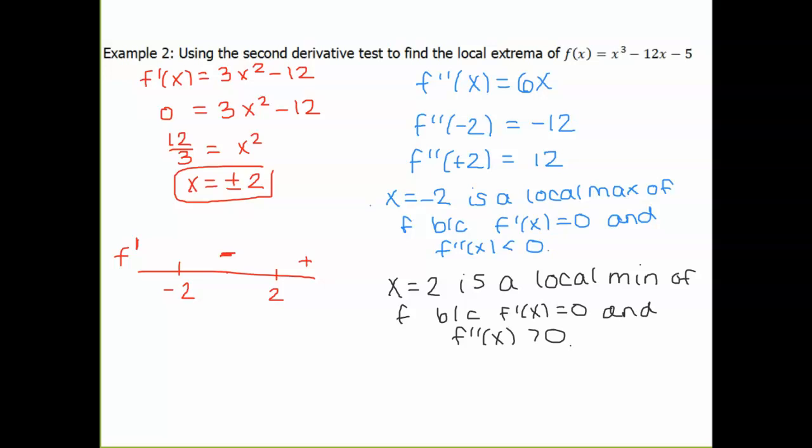Well, negative number squared is positive, so that's also positive. And we can see that the original is increasing, then decreasing, then increasing, confirming that -2 is a local max and +2 is a local min. So again, what's in blue is the alternative derivative test for extrema of the original.